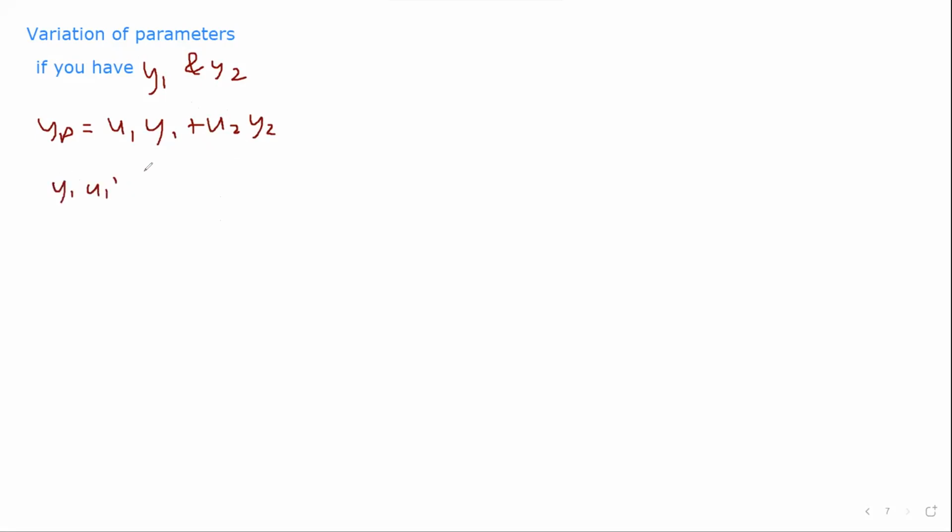y1 u1 prime plus y2 u2 prime equals g, and y1 prime u1 prime plus y2 prime u2 prime equals, sorry, 0 g.